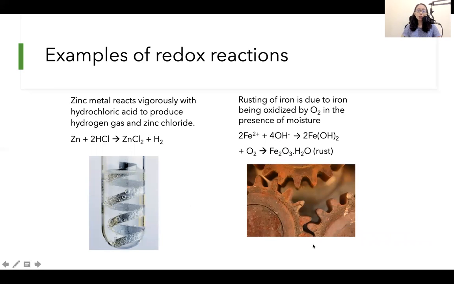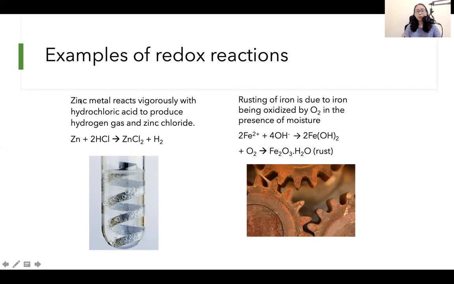Once your steel is exposed to some moisture and air, after some time, it will develop rust. And this rust is actually ferric oxide, Fe2O3.